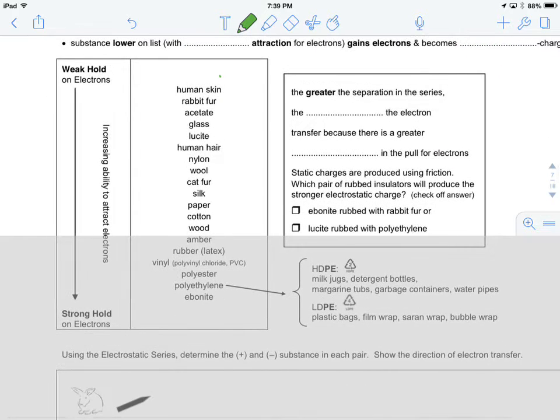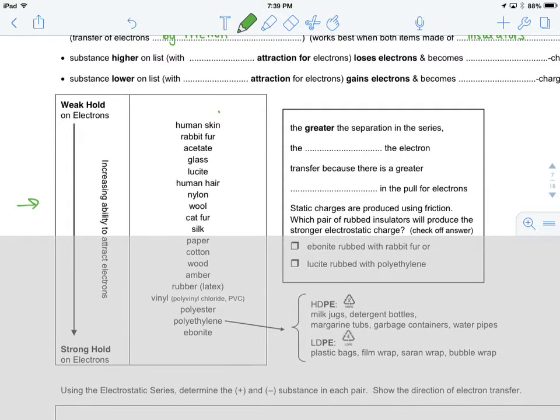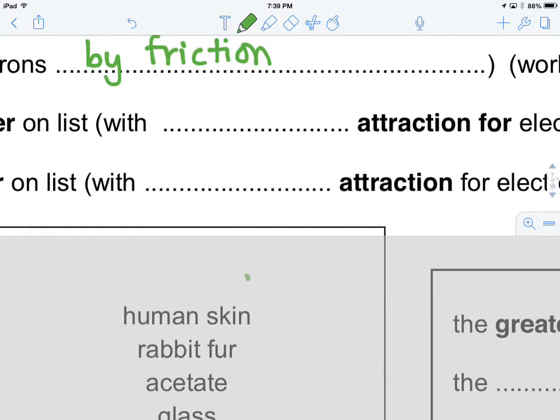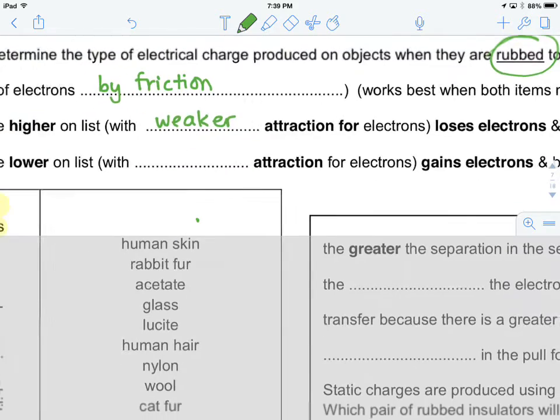So you can see right here, this chart is the electrostatic series. Substances that are higher on the list, way up here at the top, have a weak hold on electrons. So we'd say these things have a weaker attraction for electrons.